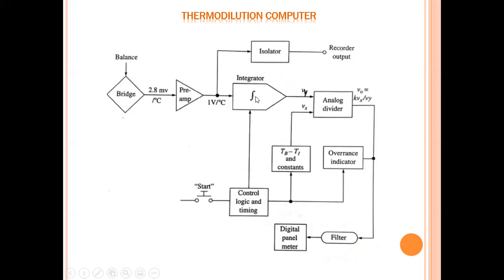There's an integrator of the signal coming from the amplifier, an analog divider to divide KV over the integral, which is also going to include these factors: the pre-injection temperature of blood and injectate, and it will come through a filter to a digital panel to be displayed as the cardiac output.